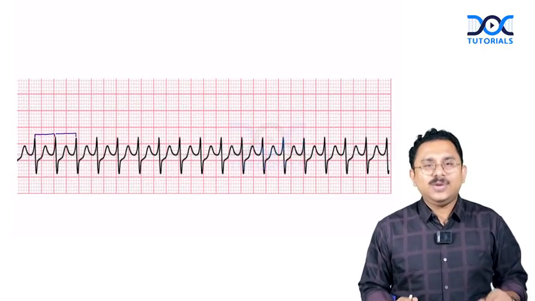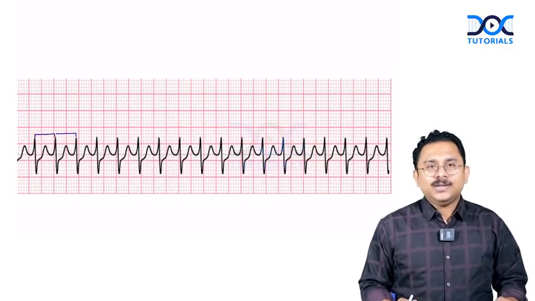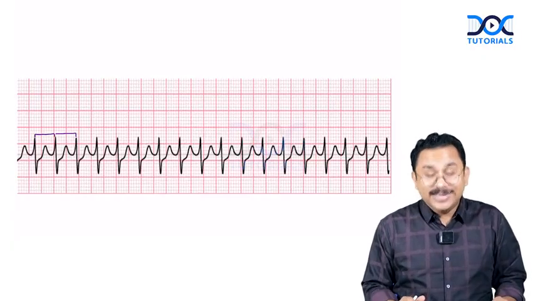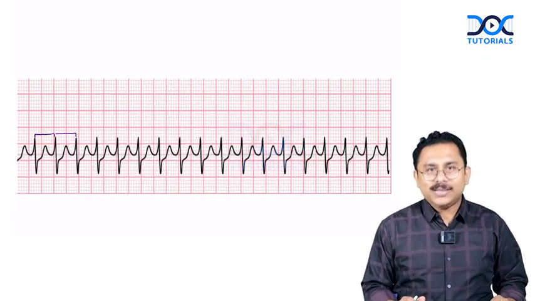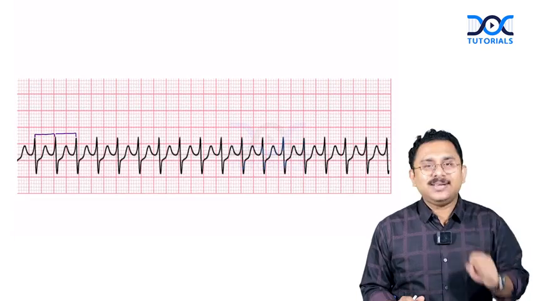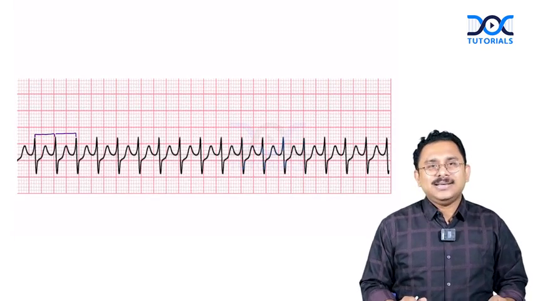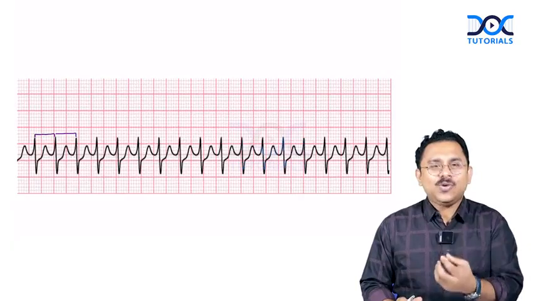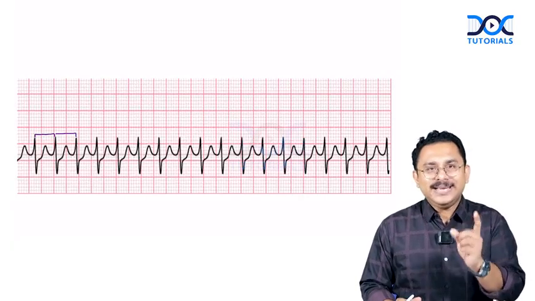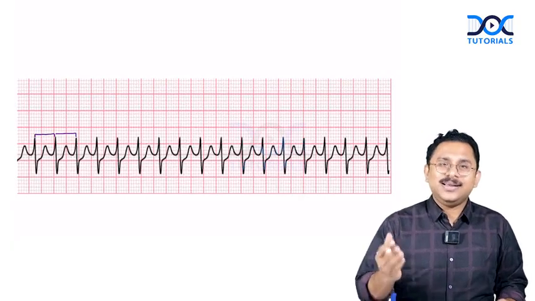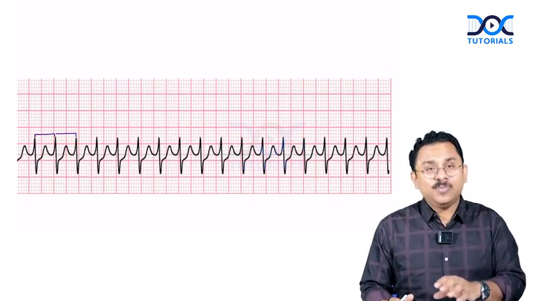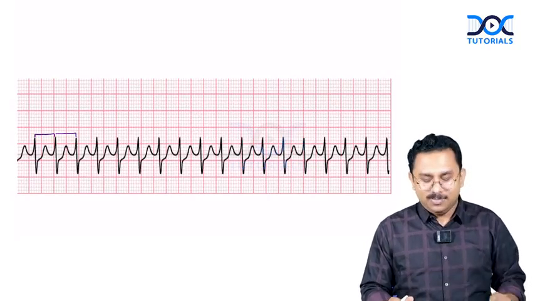Once you decide that it is a tachyarrhythmia, the next step would be to look at the QRS complex. And here again, it is a narrow complex. Once you have decided it is a narrow complex tachyarrhythmia, the next step is to see whether it is regular or irregular. So this would be a regular narrow complex tachyarrhythmia.